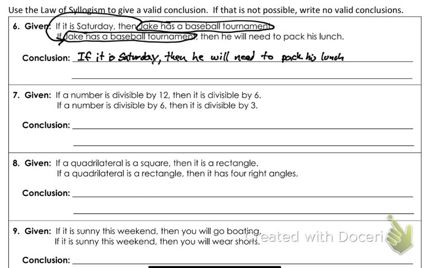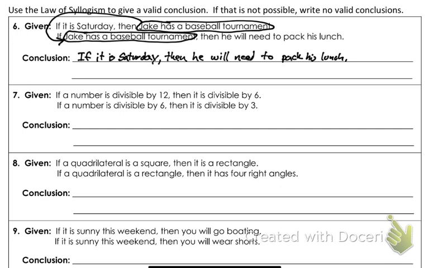We want to be as concise as possible, and I want to know what's important. If it's Saturday, I have to pack my lunch. I don't need to know why I need to pack my lunch because that was already connected in the middle. I just want to know what starts and what ends this statement. Caroline? Yeah. Does that make sense? Okay.